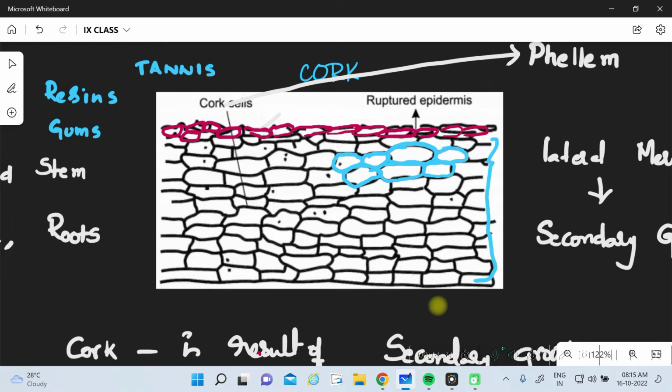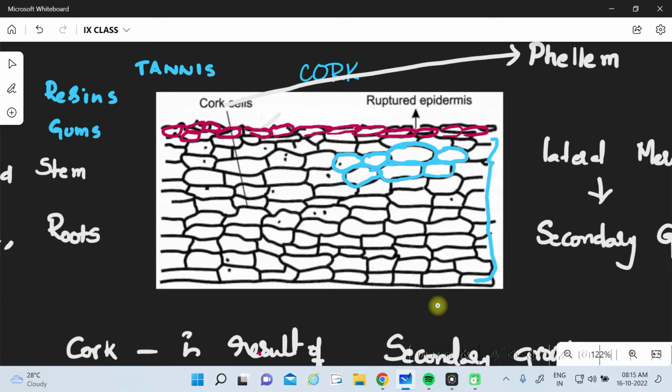These are the substances which are waste material to the plant, and these waste materials are stored in the outer cork cells. These substances are stored because the outer cork cells are dead cells.